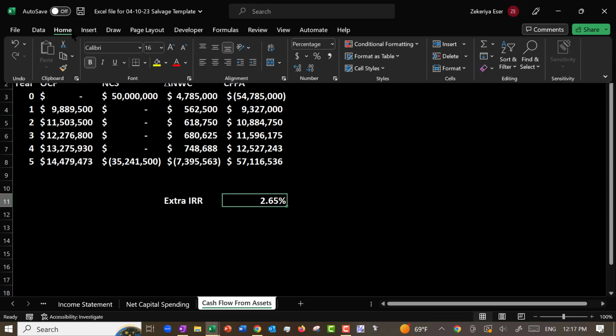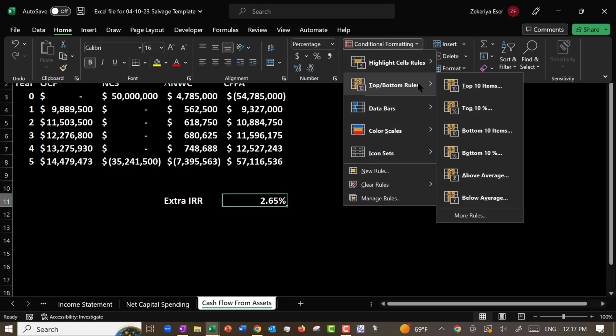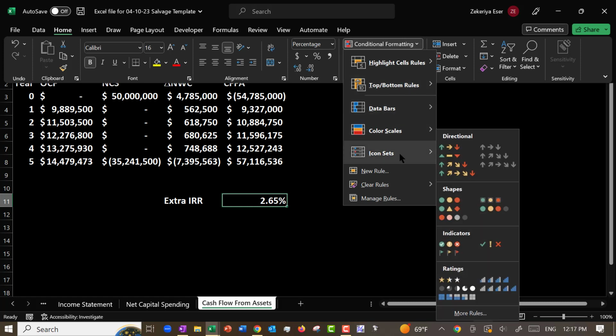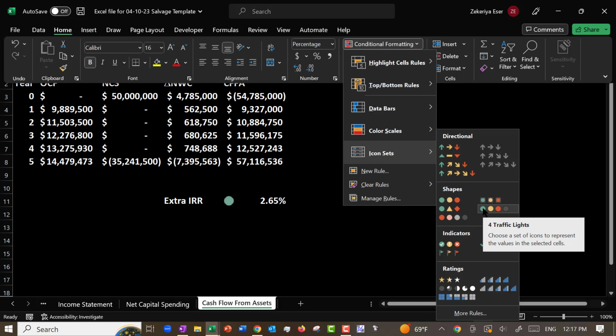I'm going to show you guys a nice little trick. There is something called conditional formatting. And I'm going to do icon sets. I'm going to do, let's see.